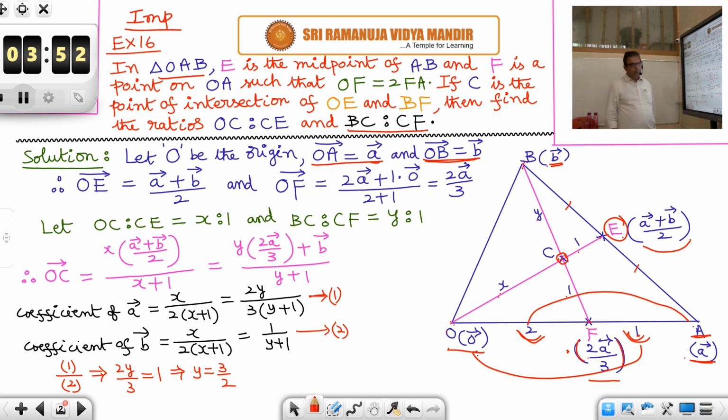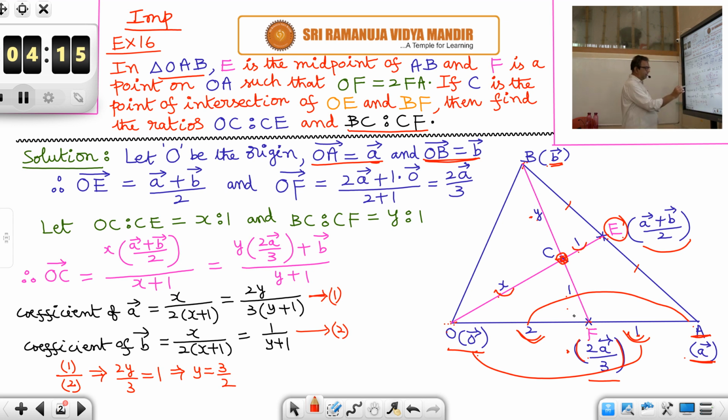Now, we have assumed that the ratio OC is to CE is equal to X is to 1. So using the section formula for X is to 1, you can find the position vector of C. Similarly, for the same point C, you can find the position vector by using the ratio Y is to 1 also and equate these two.